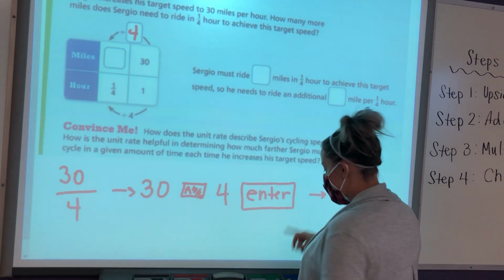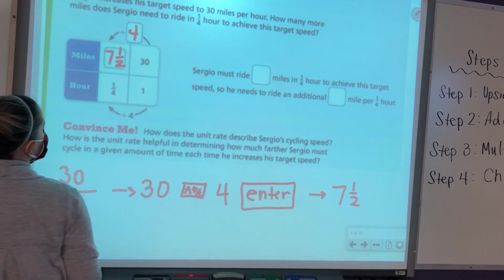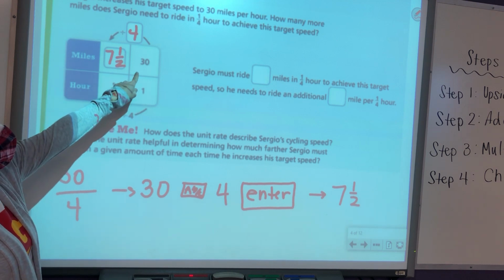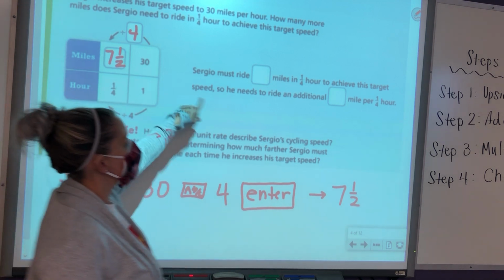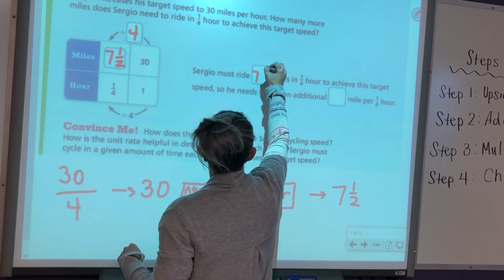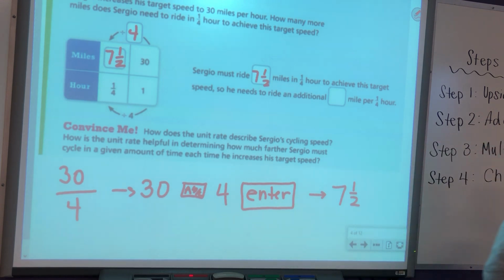So, 7.5. So he's going 7.5 miles per hour, so he can reach that 30 miles per hour. So, Sergio must ride 7.5 miles in a quarter of an hour to achieve this target.